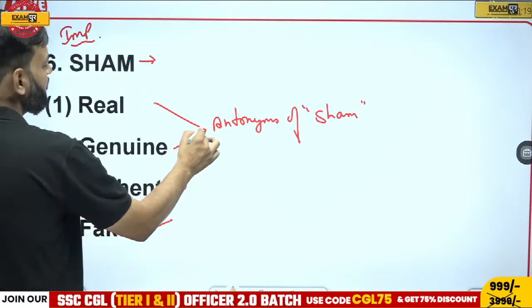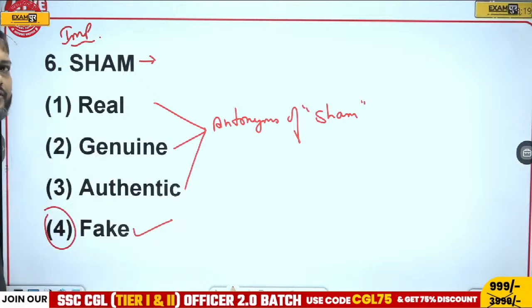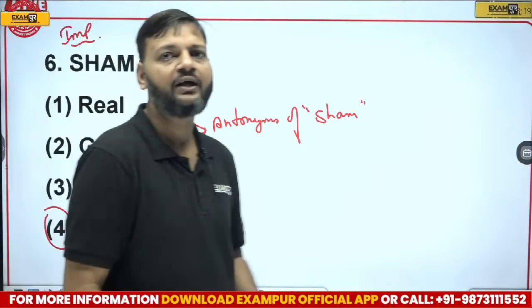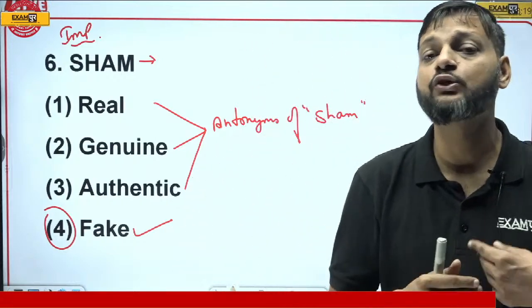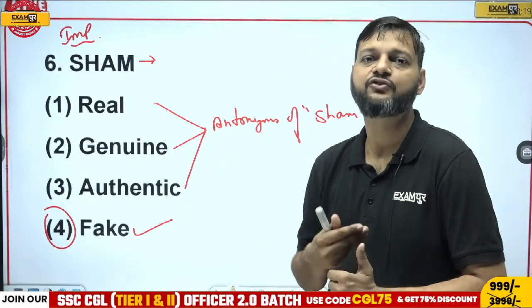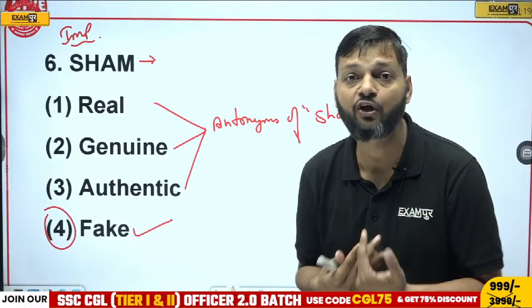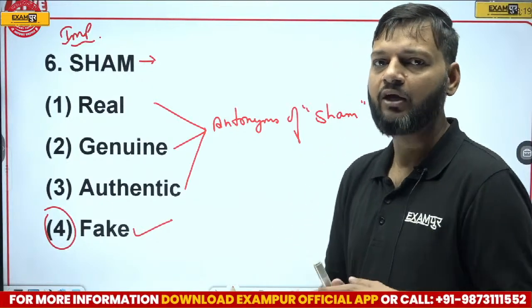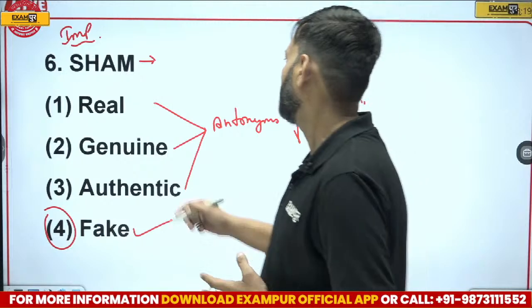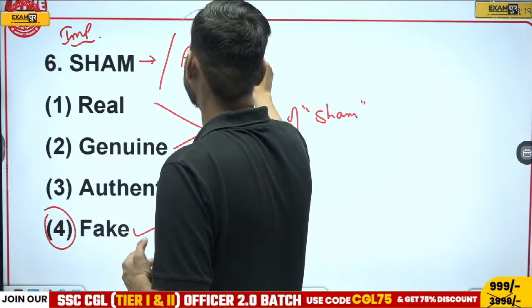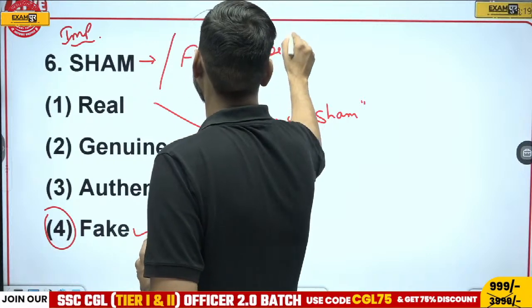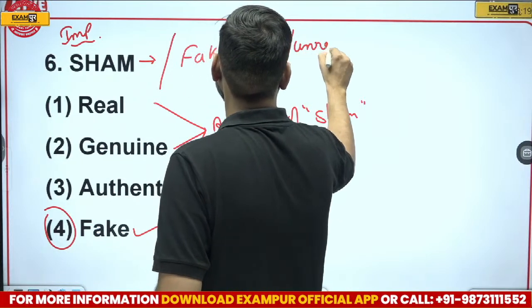These three words, real, genuine, and authentic, are the antonyms. Sham means something which is not real, something which is not genuine, something which is not authentic. Fake or false or unreal.